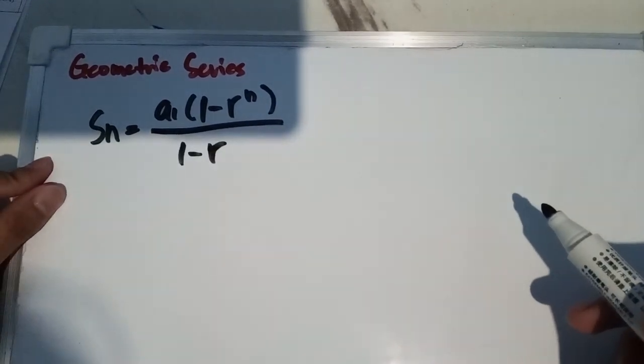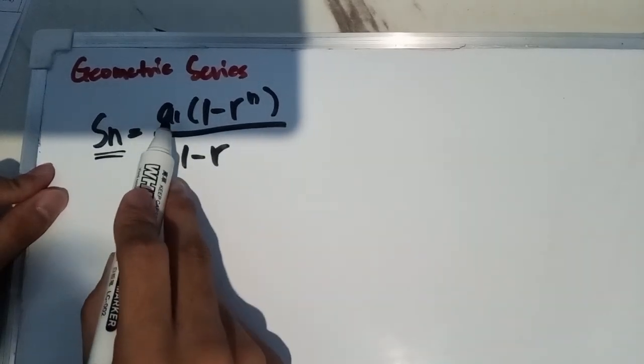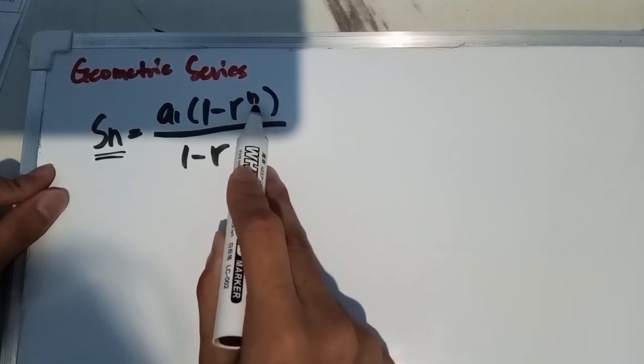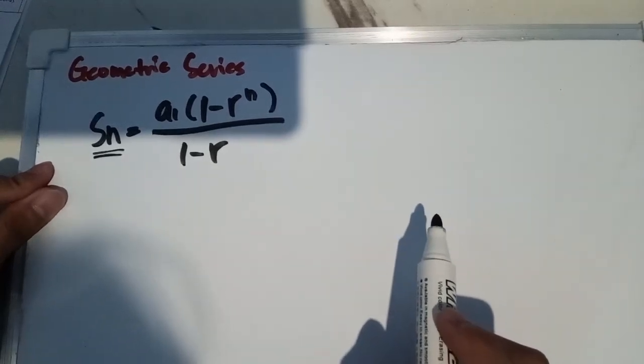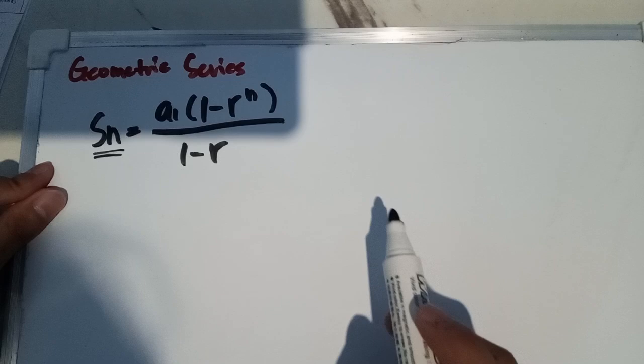Okay? So, this is the summation of terms. This is the first term. This is the common ratio. This is the number of terms. So, let's try and apply it sa problem natin.